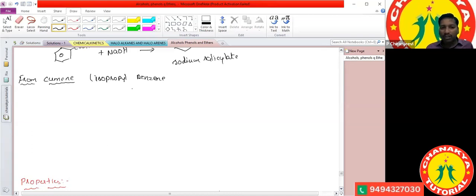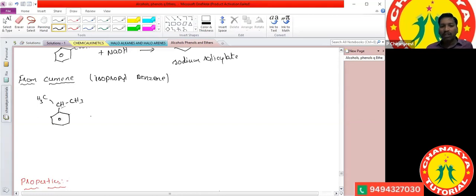What is the structure of isopropyl benzene? On a benzene ring, there is a CH bond with CH3 and CH3. This we can call isopropyl benzene.